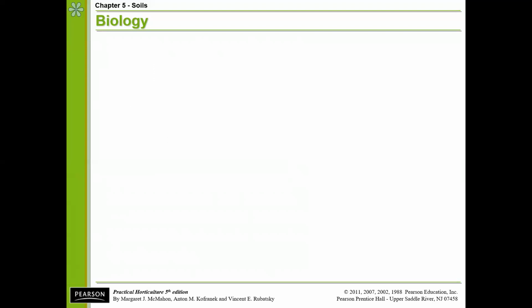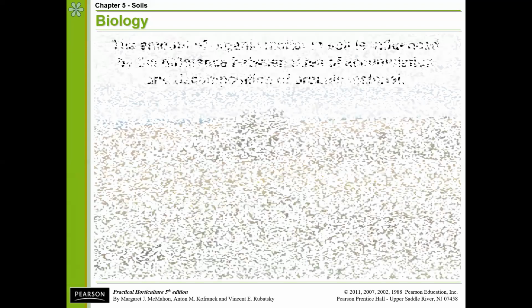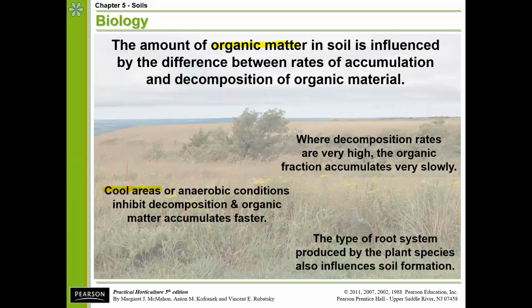The amount of organic matter itself is influenced by these organisms and the climate. If we have cooler areas, then it breaks down slower. We have warmer areas, higher moisture, it breaks down quicker.